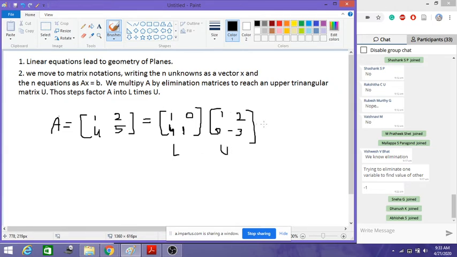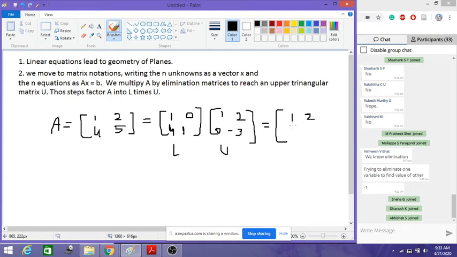Now just multiply this. What do we get? We'll get back this A matrix itself. So this is the lower matrix here, and this is the upper matrix. If you multiply this, what do we get here? This 1, and then here we'll get 2.